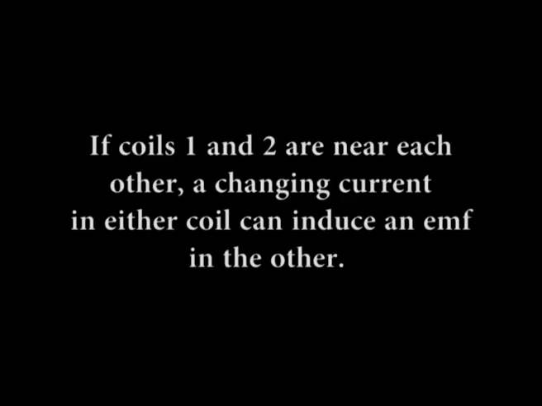If a current I in a coil changes with time, an EMF is induced in the coil. If coil 1 and 2 are near each other, a changing current in either coil can induce an EMF in the other. So that is it for today.